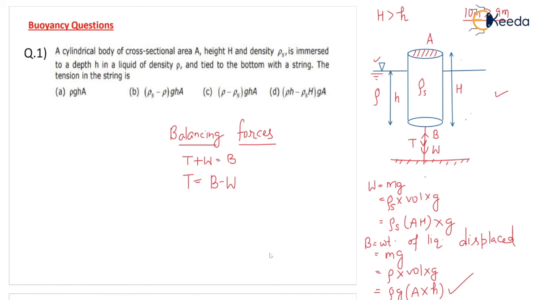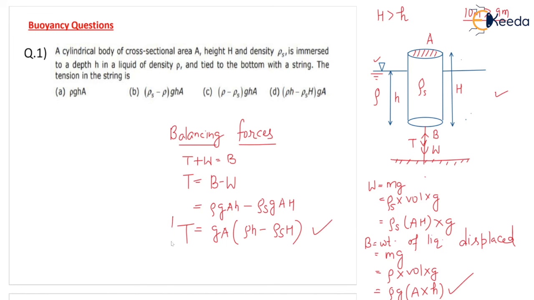Now substituting the values in the main equation, on the left hand side B minus W, I will write rho g A h minus rho s g A capital H. What common terms can we take out of this equation? g and A. The remaining term is rho h minus rho s H. So this will be the tension developed in the string.